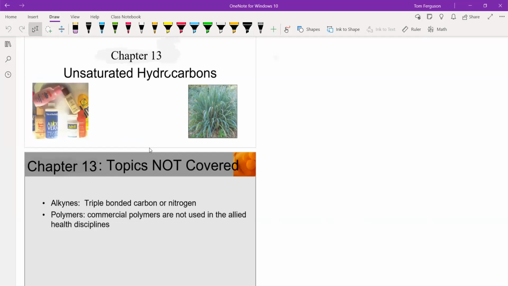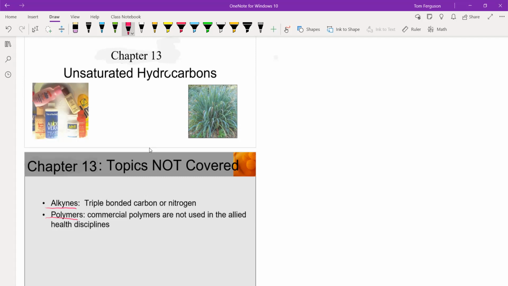Chapter 13 talks a little bit about polymers. We're going to be talking about organic polymers, not synthetic polymers. And also, we're not talking about alkynes, which are triple bonds, because there are none in our body, in organic systems in general.